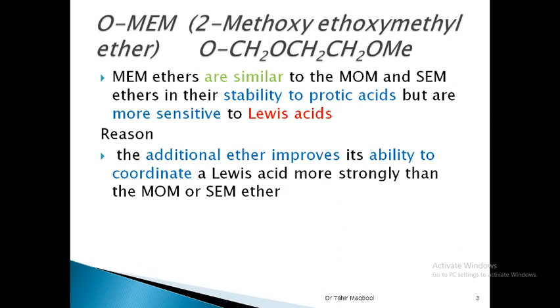So the additional ether group improves the ability to coordinate with Lewis acids more strongly than MOM or SEM. So another oxygen, which has a lone pair, has additional ability to coordinate with the Lewis acid. That is why it is more sensitive to Lewis acids.